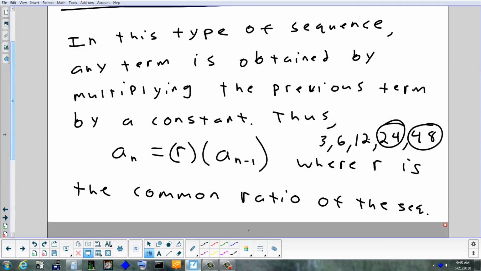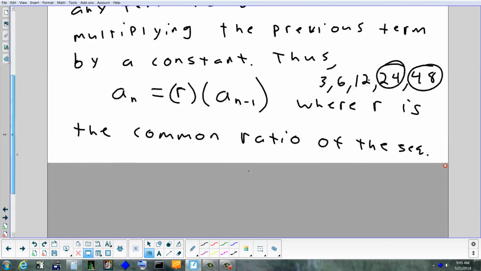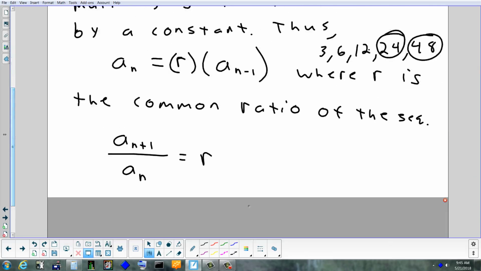So that's how you find r. Take a term and divide by the one before it, or take the term after and divide by the one before. It's the same thing. Take a later term, divide by an earlier term.